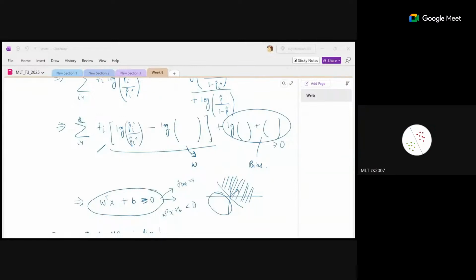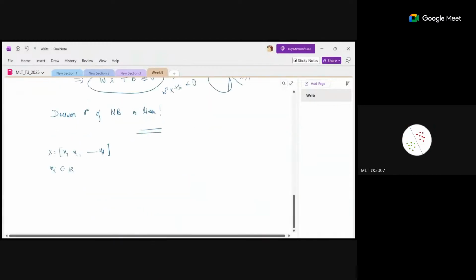This is the line, but is it regression? No, no. In linear regression, first of all, you have a data set xi, yi, with i varying from 1 to n.